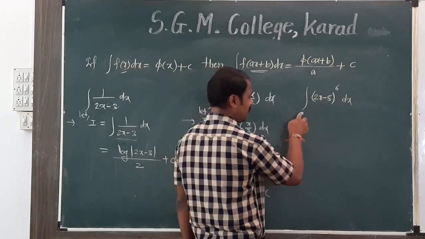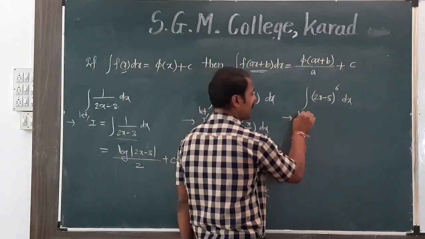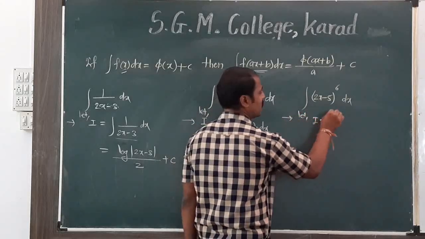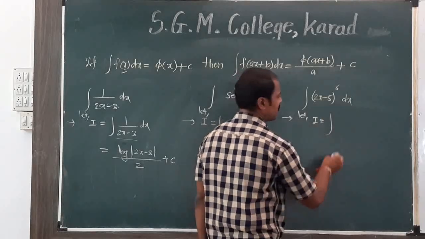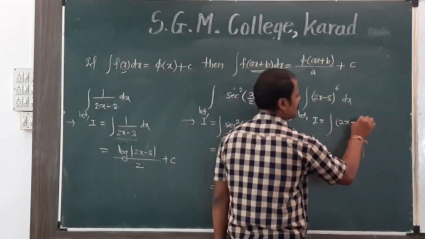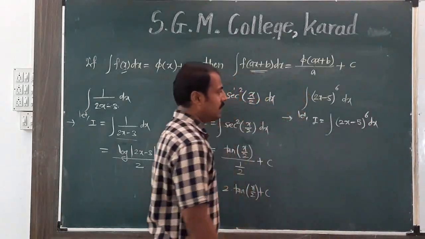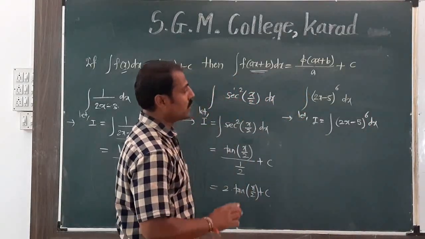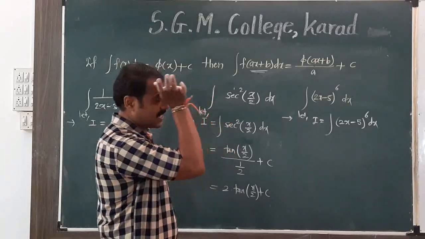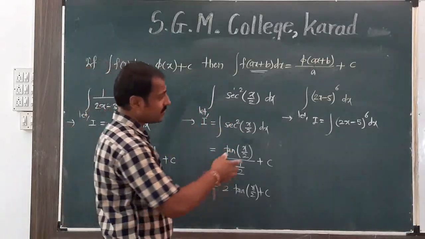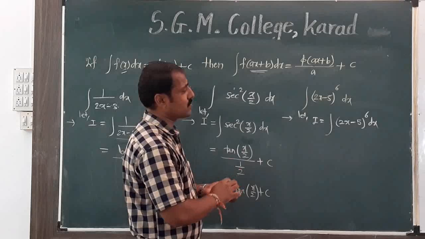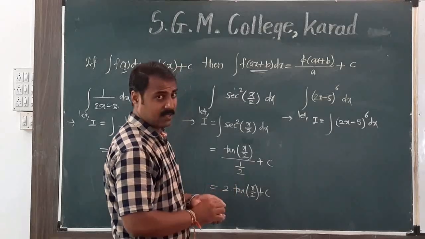So start with, let I is equal to integration of 2x minus 5 bracket raised to 6 dx. Now it is not possible here to expand 2x minus 5 bracket raised to 6.